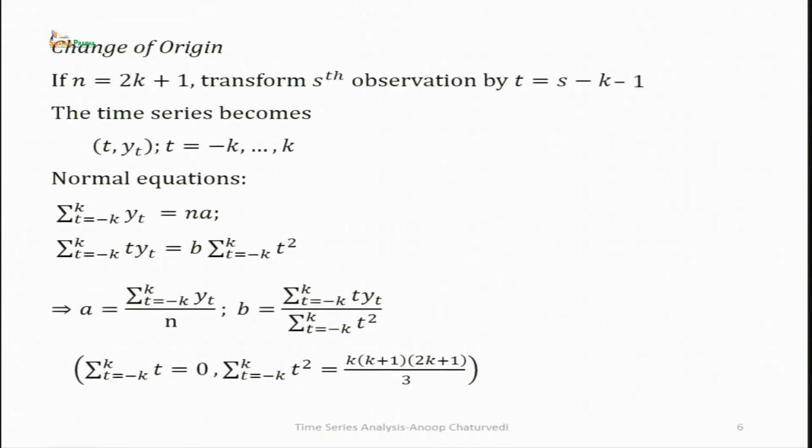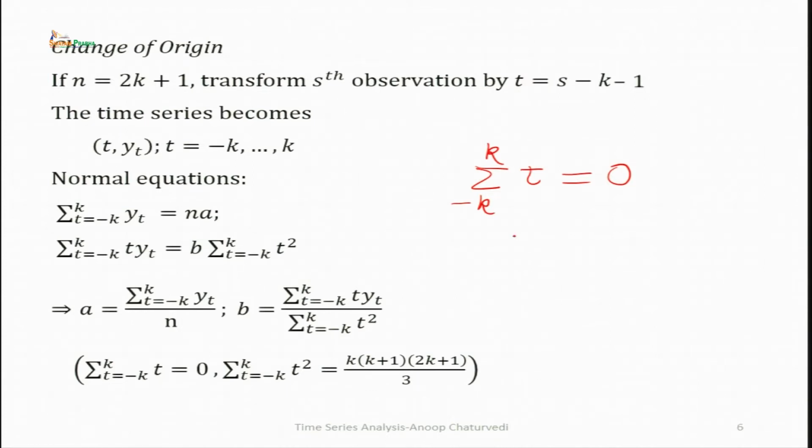Then your normal equations are, now if you take this transformation, then your summation t, now its range is from minus k to k, this becomes 0. And so, the first equation becomes summation t equal to minus k to k of y t equal to n times a, the second term vanishes.